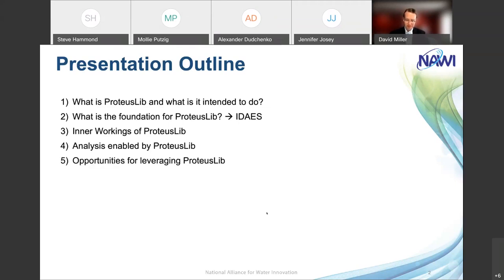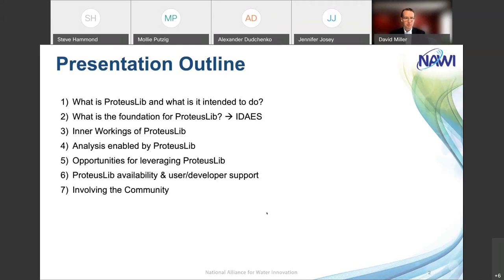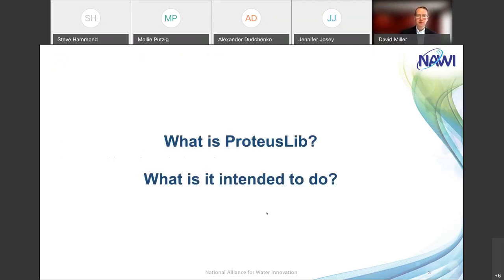And then we'll continue the discussion talking about some of the opportunities for leveraging ProteusLib, and then finally wrap up with talking about its availability and user and developer support and ways that the water community and especially the NAWI community can become involved in the project.